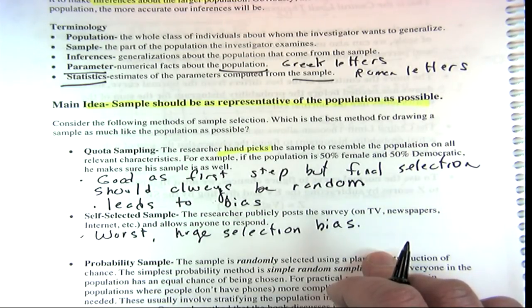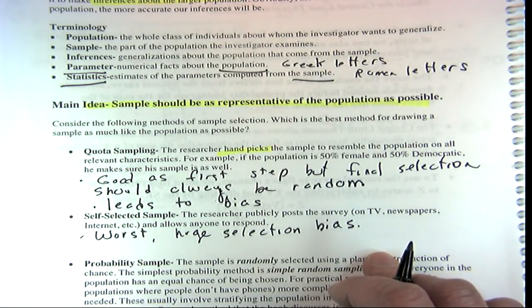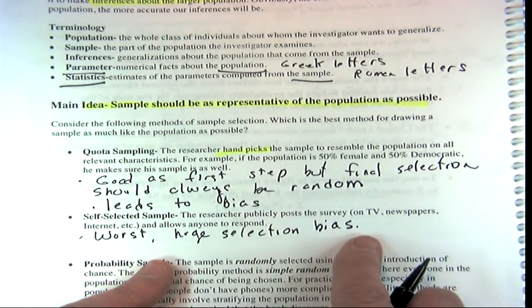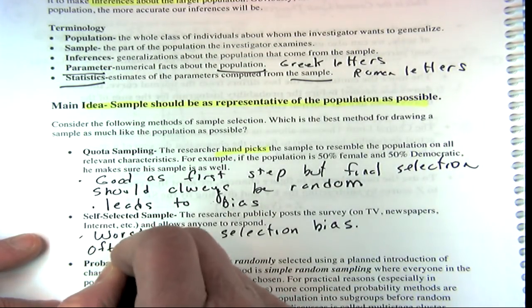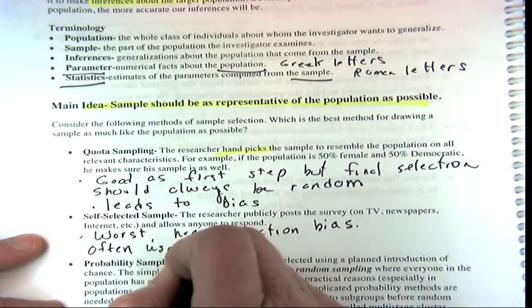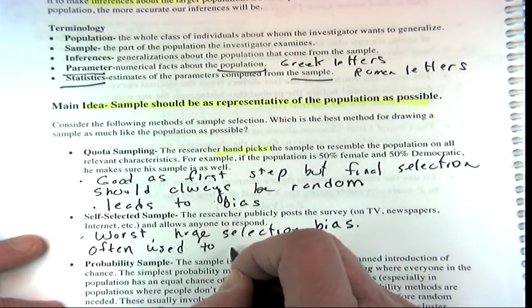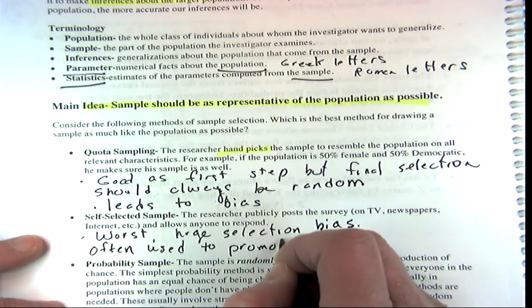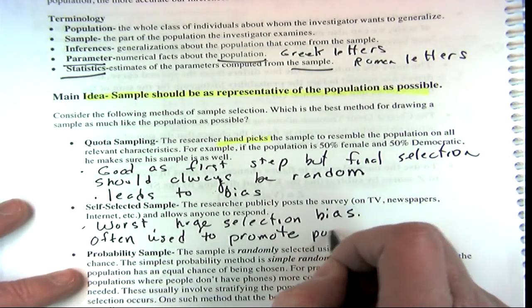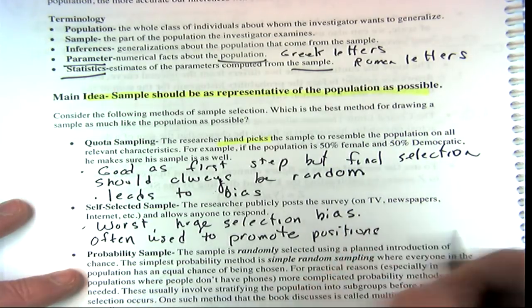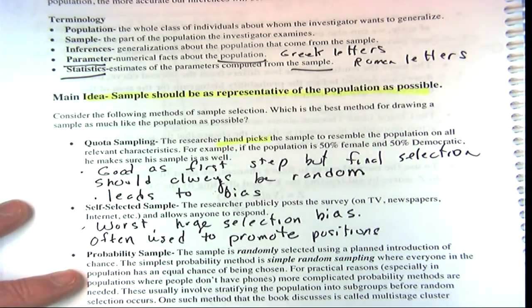And no matter how big the sample is, that bias won't go away. So it's a huge selection bias, and these are often used to promote positions rather than reflect how the population feels about them.